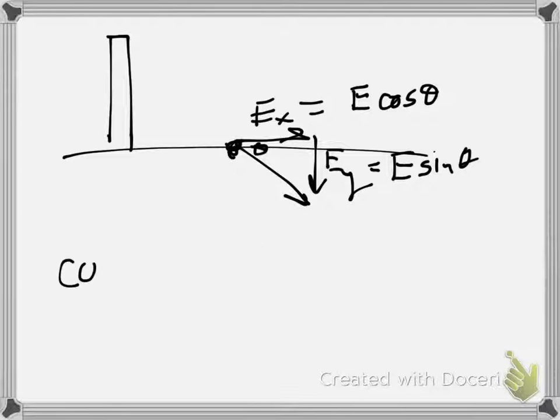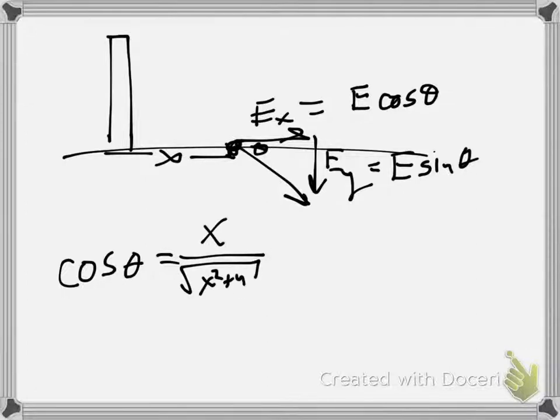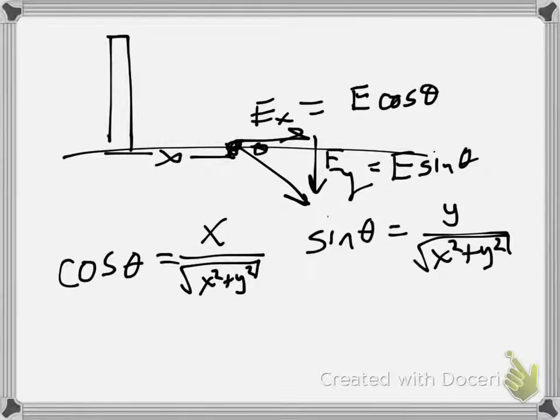And then what is cosine of theta? Do you see that is x over the square root of x squared plus y squared? And sine theta is y over the square root of x squared plus y squared. Does that make sense to everybody?